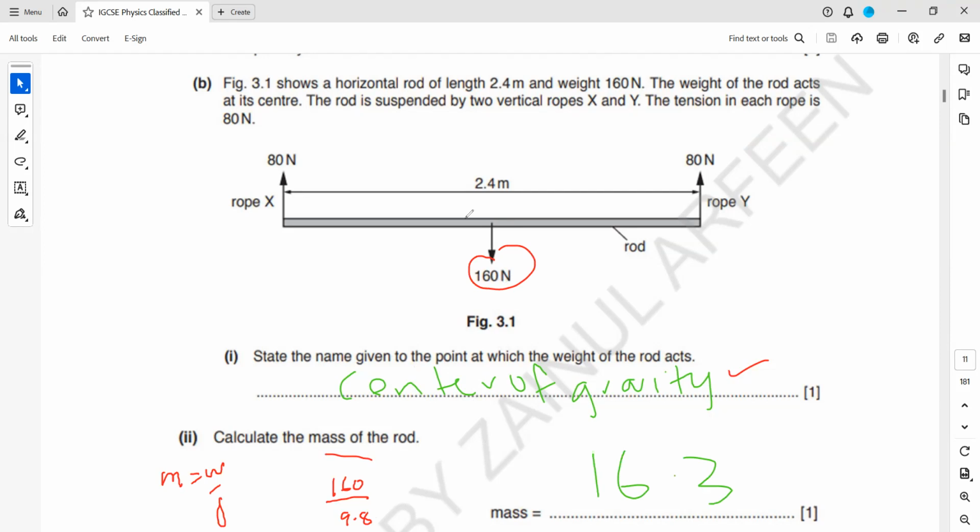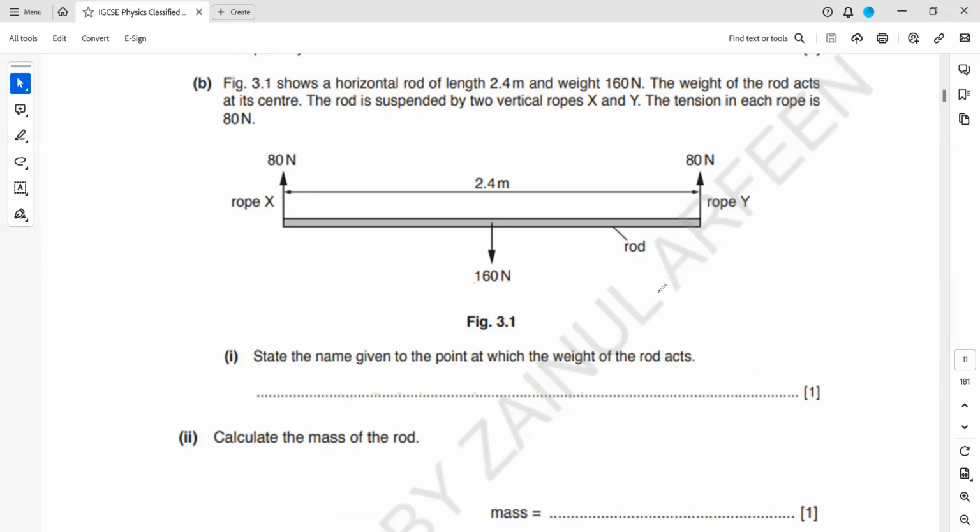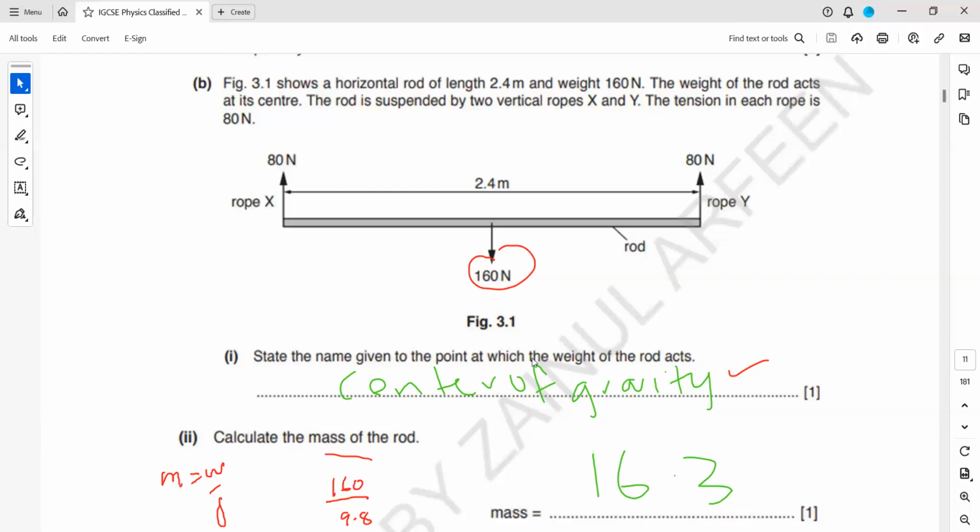In old past papers, like before 2023, you will find gravity values taken as 10, but you will take 9.8 when you're solving. So the answer is 16. No, it cannot be 116.4, because if it was divided by 10, it would be 16. So it is 16.3.